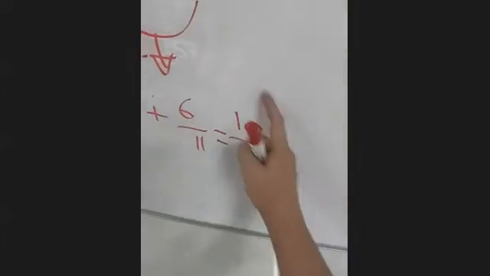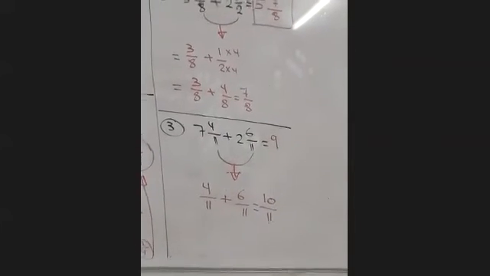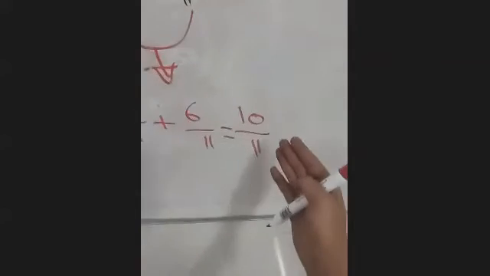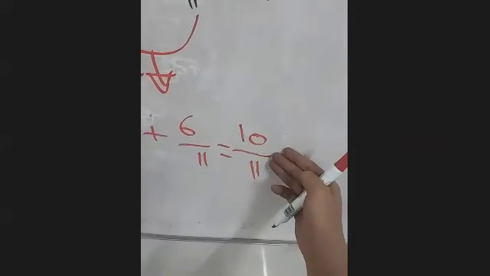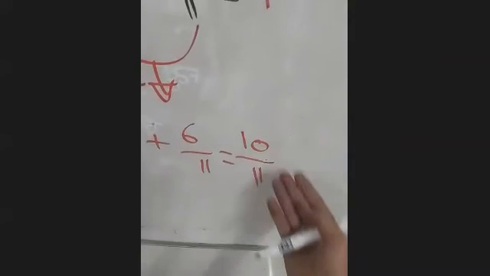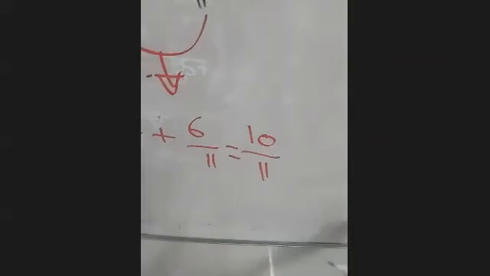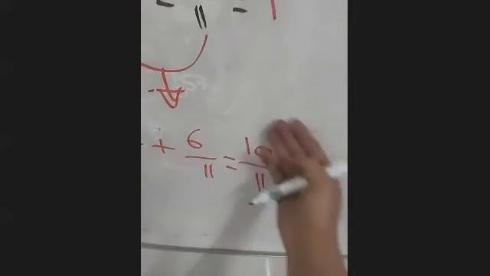Focus here now on this one. I always said, guys, simplify your answers. Right, Jalal? Is 10 over 11 the simplest form? No. Yes. The 10 has 2 and 5, and 11 has only 11 and 1, right? So this is the simplest form.